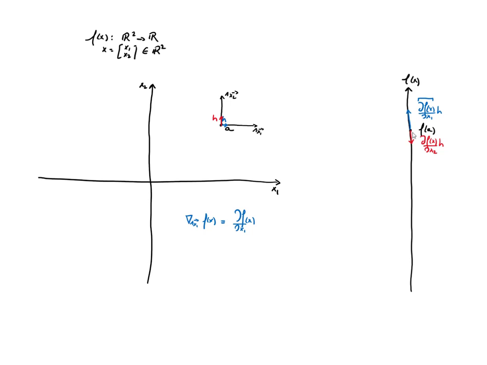So the ratio of this change over this change over here is the partial derivative of f with respect to x2. So you can see this partial derivative with respect to x2 as the directional derivative of f of x in the direction of the unit vector in x2, right? And so this is the partial derivative of f of x with respect to x2.